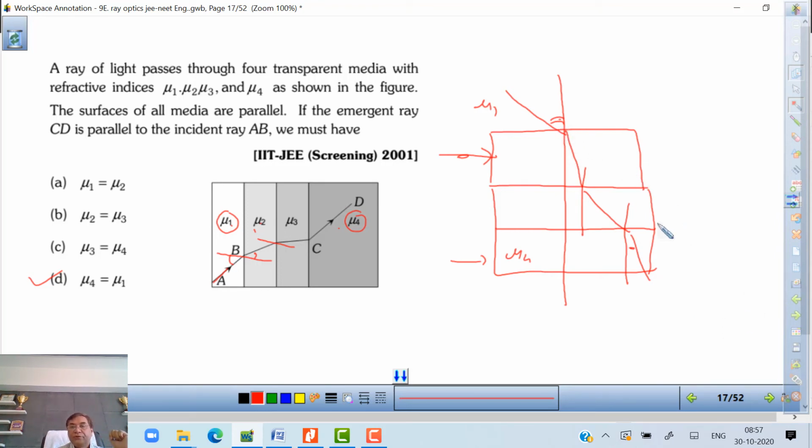For lateral shift for one layer, we know x is equal to t sec r sin(i minus r).